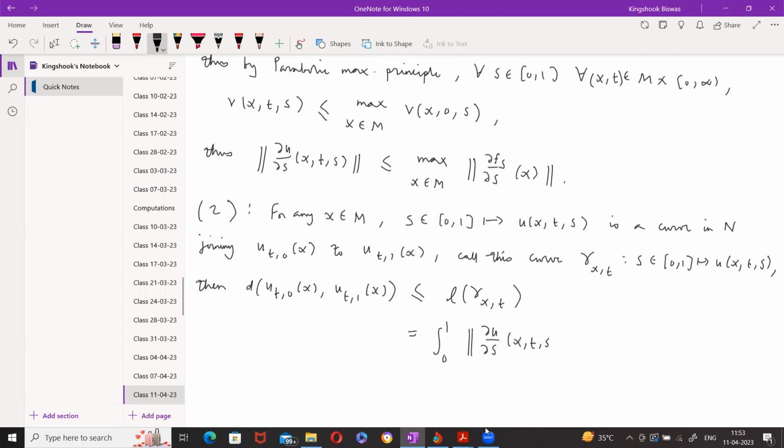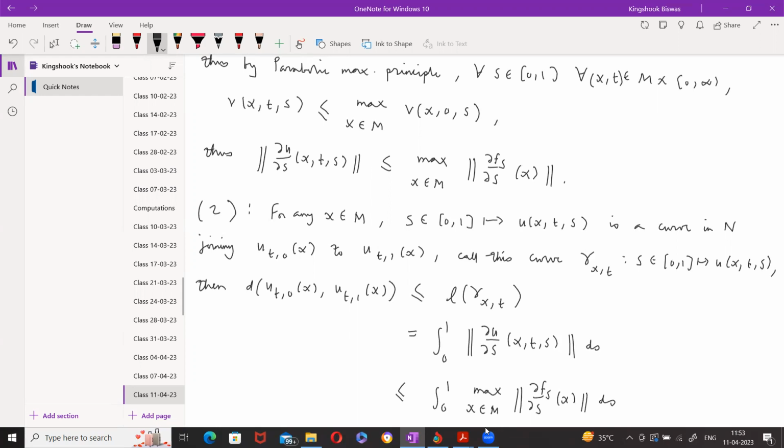And this speed is less than the maximum speed at time 0, so by part 1, this is less than the integral from 0 to 1 of max over x in M of the norm of del f_s del s of x, ds.